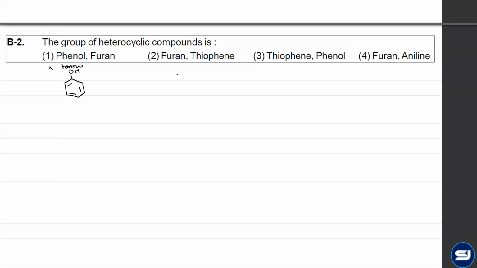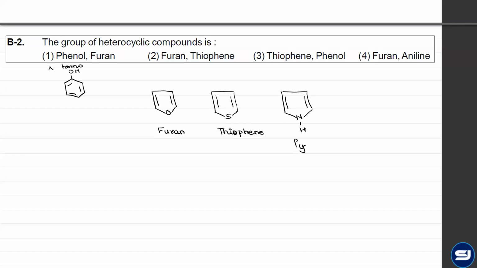Furan and thiophene. Okay, furan we know is a 5-membered ring with alternate single and double bonds and oxygen present. In the same ring, if I replace the oxygen by sulfur, it's called thiophene. Thio means sulfur, right? And in the same arrangement, if I have a nitrogen atom present in the 5-membered ring, then it is called pyrrole.